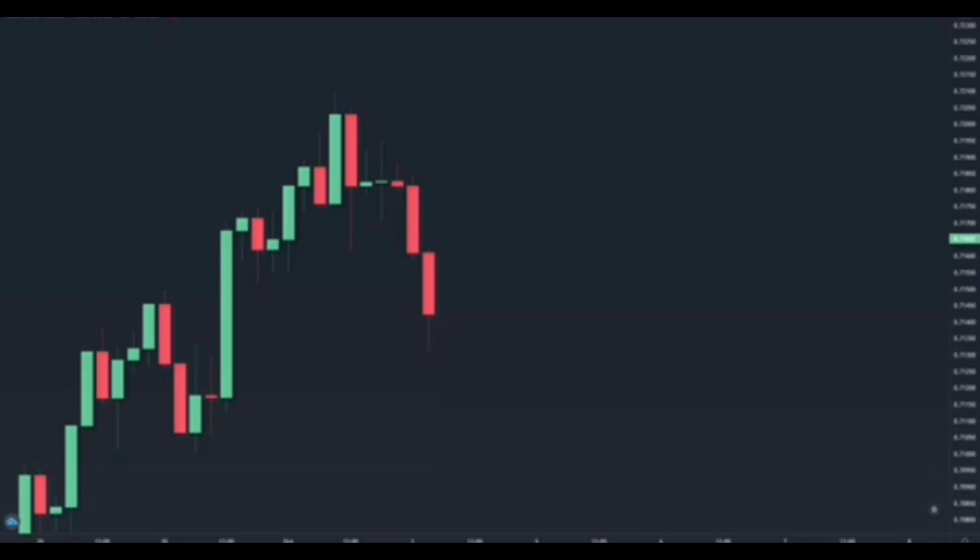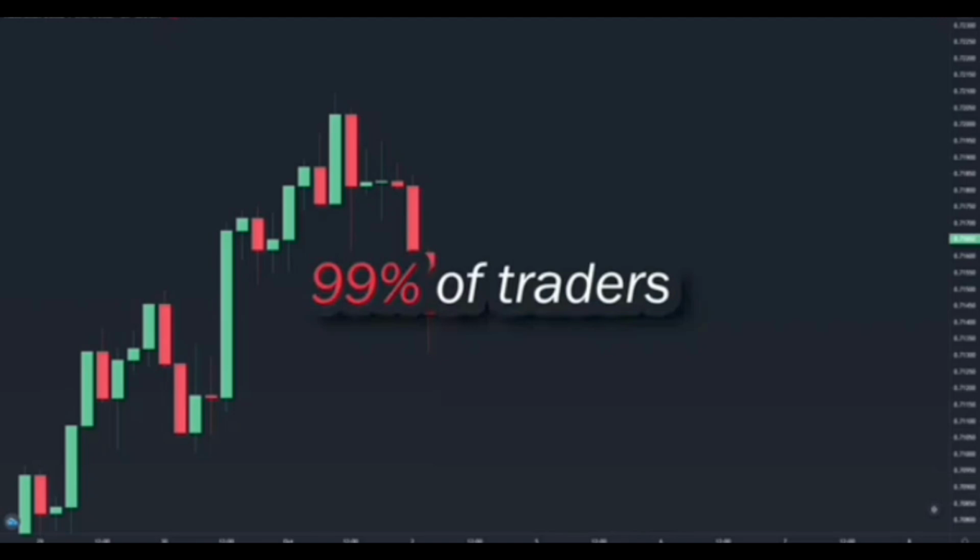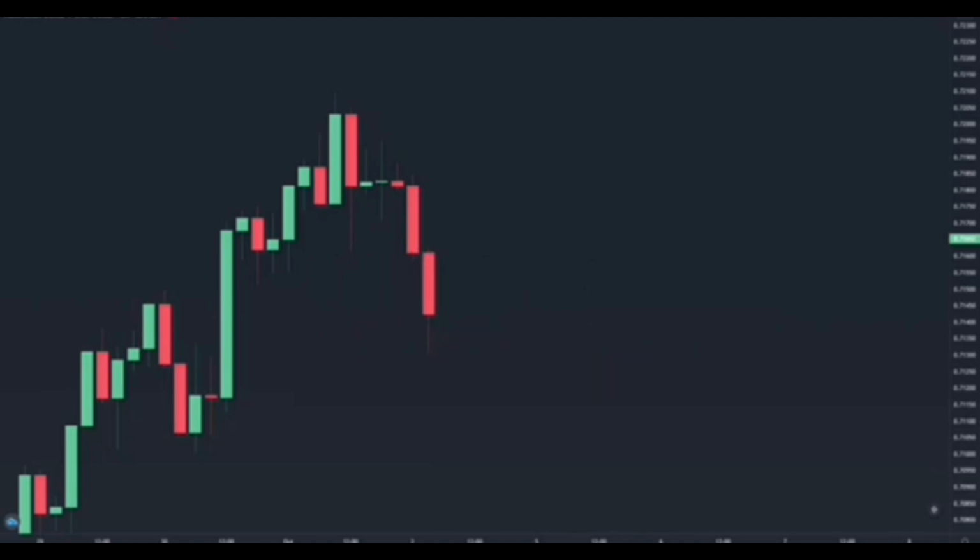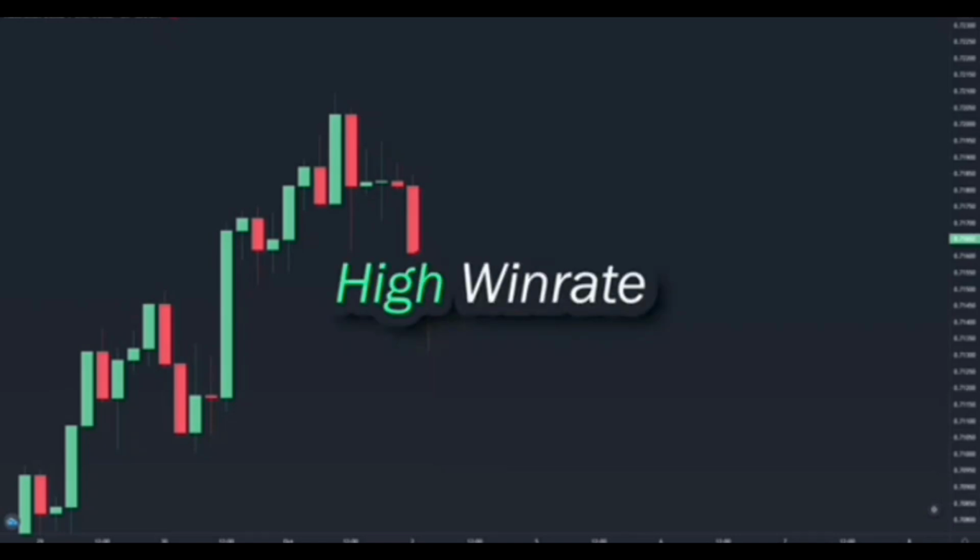Support and resistance is the most important technique to master when trading using technical analysis, yet 99% of traders still get it wrong. So, why is it very important to understand? It's because once an area of support or resistance has been identified, it can serve as a potential high win rate trade opportunity.